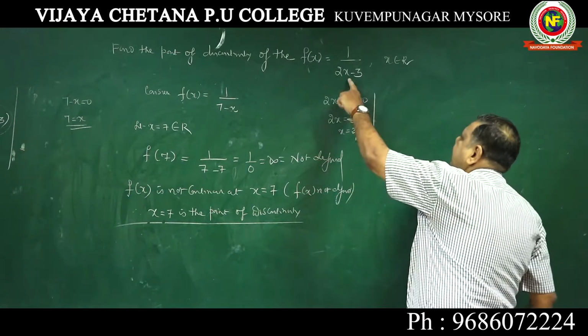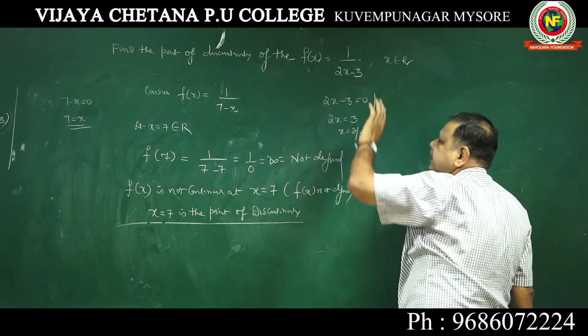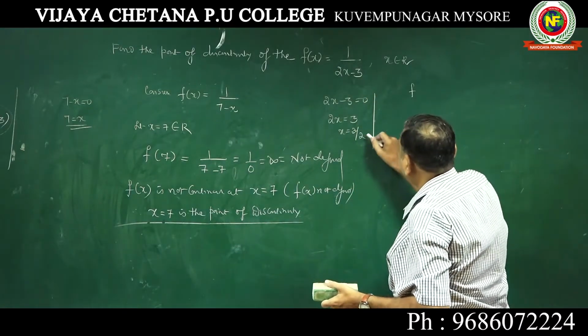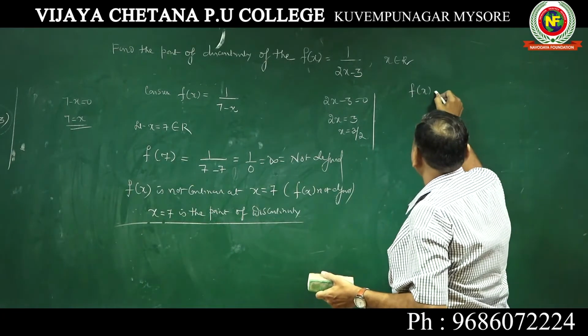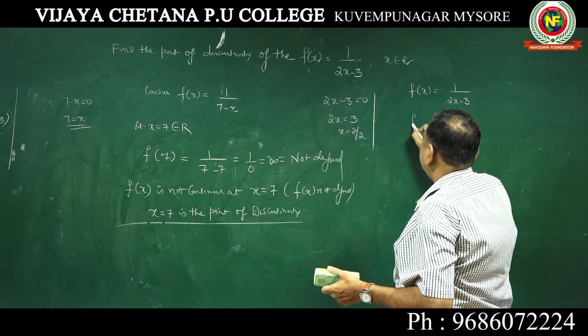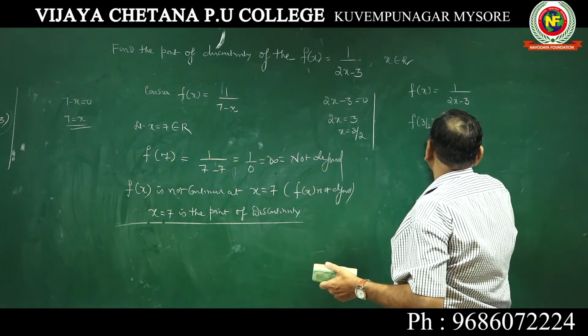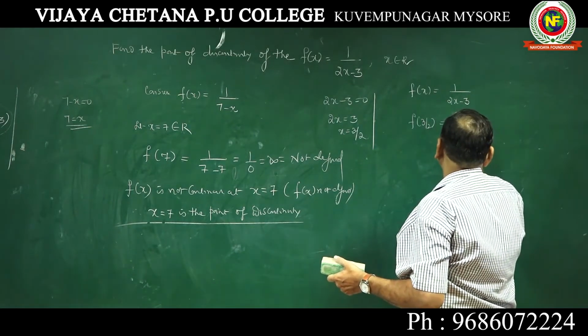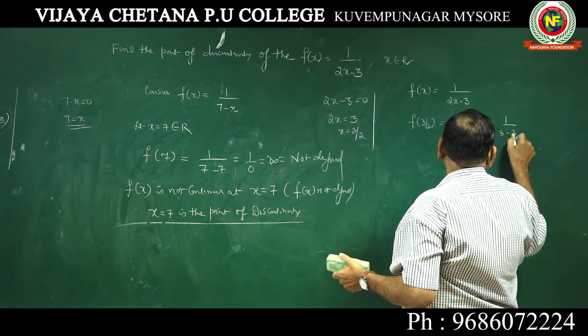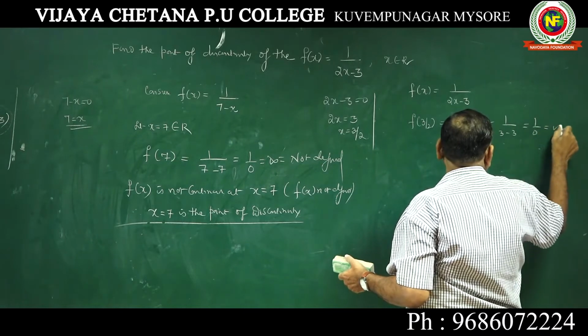Suppose we put 3 by 2, 2 cancel, 3 minus 3, 1 by 0, it is not defined. So now f(x) is equal to 1 over 2x minus 3, and f(3 by 2) is nothing but 1 over 2 into 3 by 2 minus 3, 1 over 3 minus 3, 1 over 0, infinity, not defined.